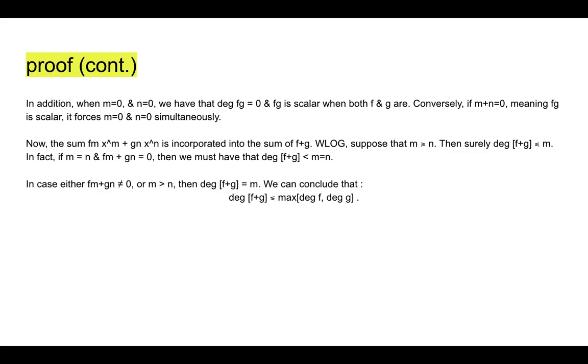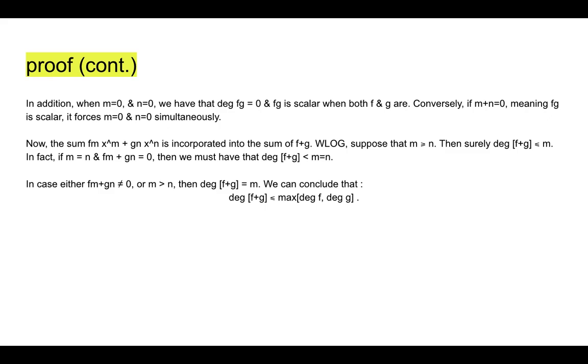Then surely the degree of f plus g cannot exceed m, for x to the power m is now the largest power of x with a non-zero coefficient. It might well be 0, and there may be conditions for that. But there cannot be a power of x bigger than m which is non-zero. For if that were the case, then that term would have to be incorporated either into f or into g, or both.